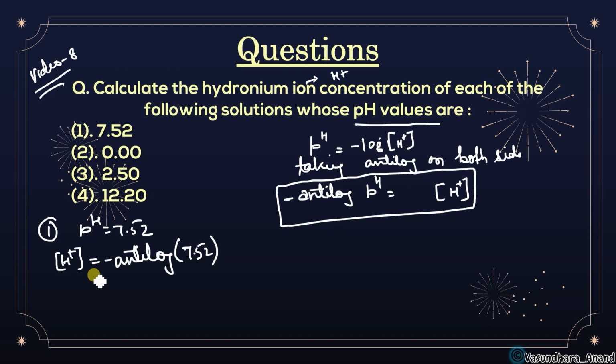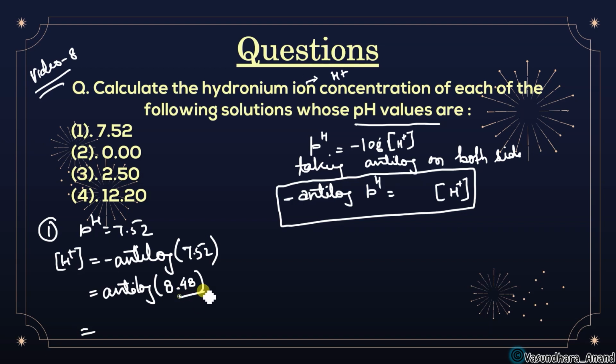Since this is a negative anti-log, you have to convert it into positive. For that you add 1 to the number before the decimal, so it becomes 7 plus 1, 8, and then whatever digits are after the decimal, subtract that from 1. Once you subtract that from 1, it gives you 0.48.